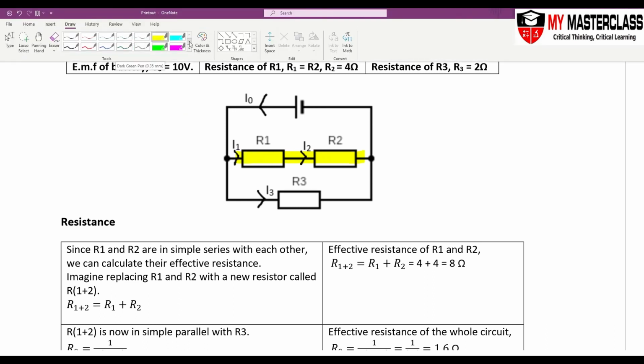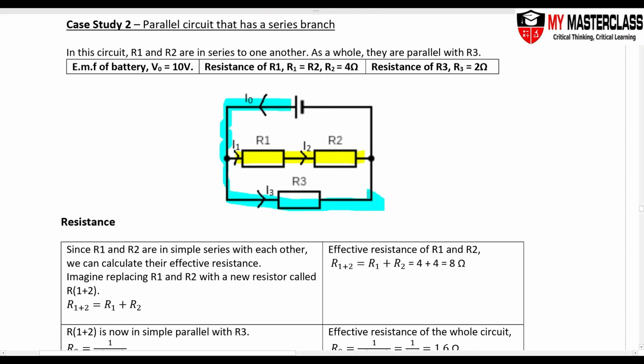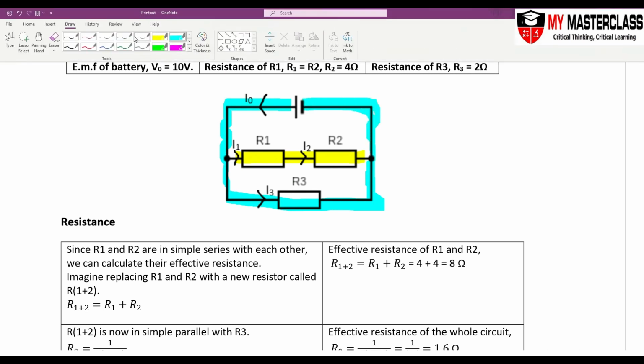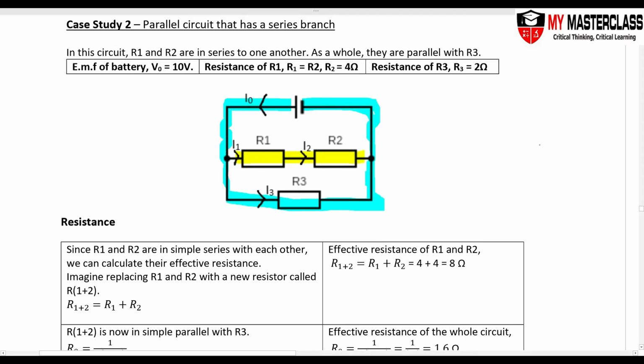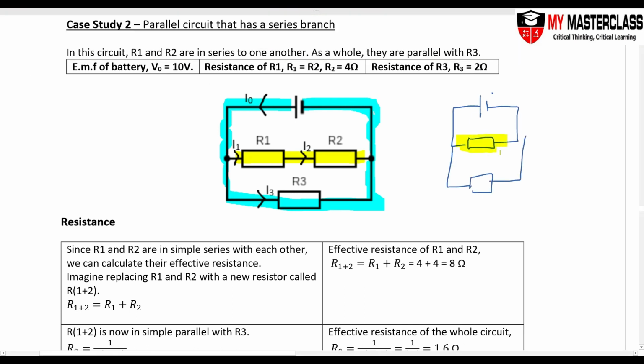So if my yellow part was my series circuit and my blue part was my parallel circuit, you can see that the yellow part is in parallel with the rest of the circuit. So to redraw this diagram, it will look something like this. And this middle part here is the yellow part here, right?